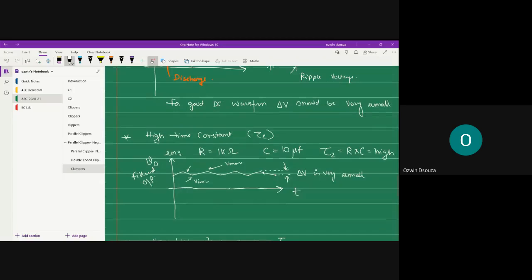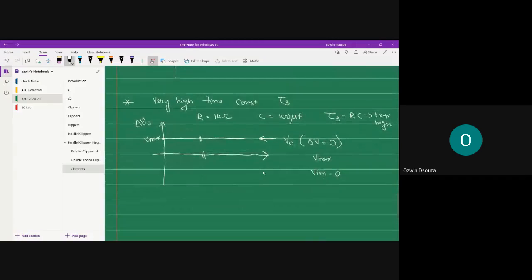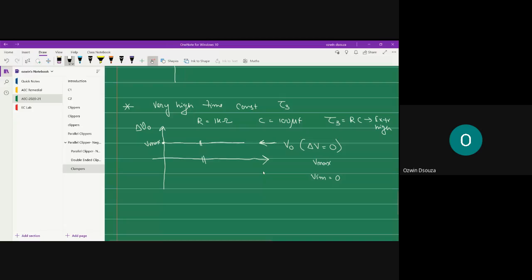Now, why did I have to explain all this? I had to explain all this because your clamper circuit works on this condition. So for a successful clamper operation, a designer must choose an extremely high time constant.